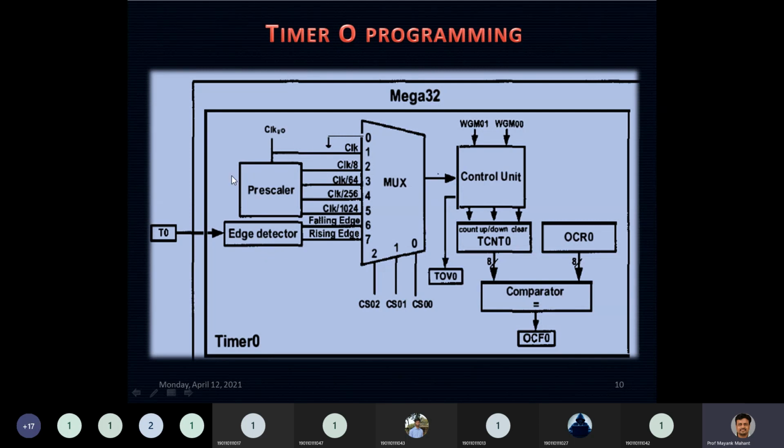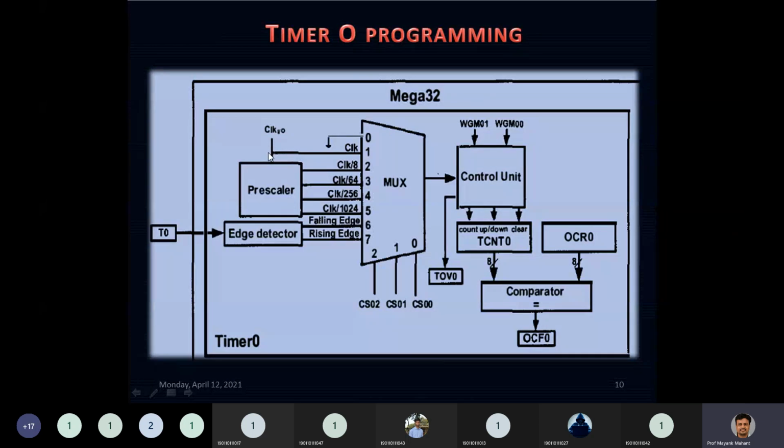Another thing is the prescaler. Whenever we are using the internal source or oscillator of your system for ticking, that is, when timer 0 is working in timer mode, there are two options for you: you can directly give the clock as an input source to your timer, or you can divide that clock.